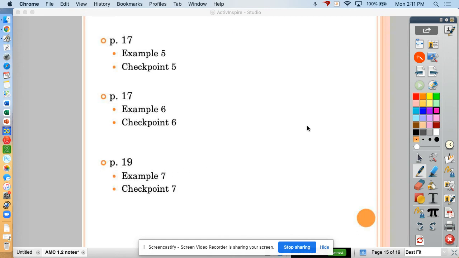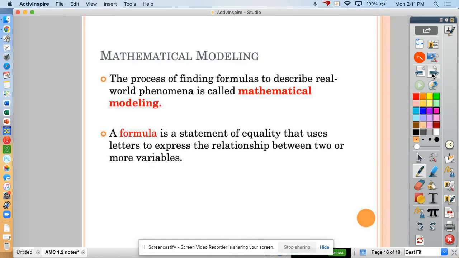All right. Last little part here is changing or writing a mathematical model from a formula. The process of finding formulas to describe real-world phenomena is called mathematical modeling. A formula is a statement of equality that uses letters to express the relationship between two or more variables. So this would be like y equals mx plus b.